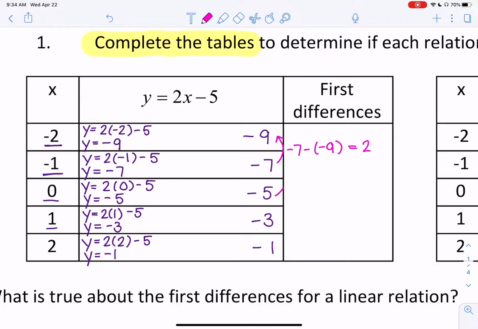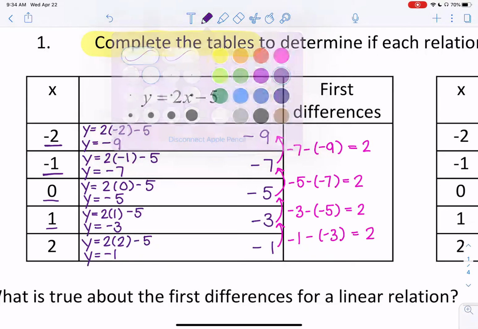So we'll take our -5 and we'll subtract it from -7. And that will also give us 2. Same idea with the next one. -3 minus -5 will also give us 2. Then we have -1 minus -3, which also gives us 2.